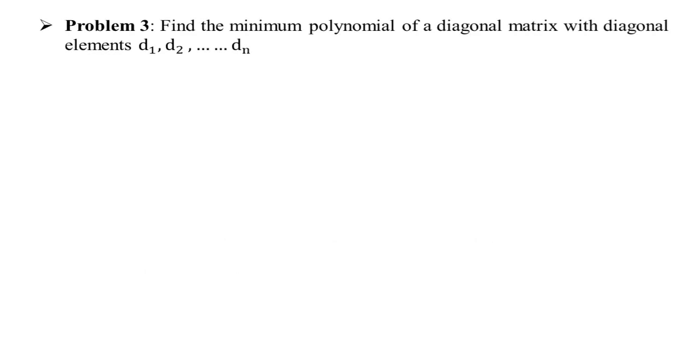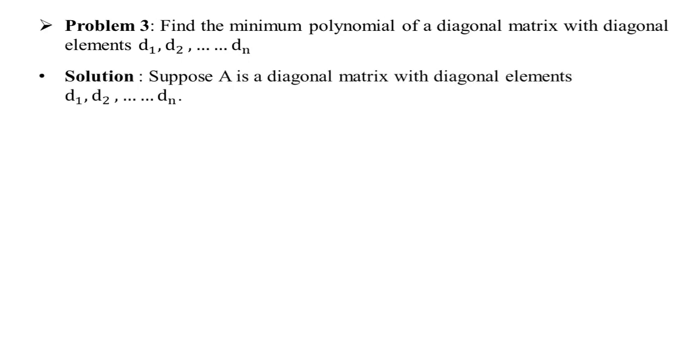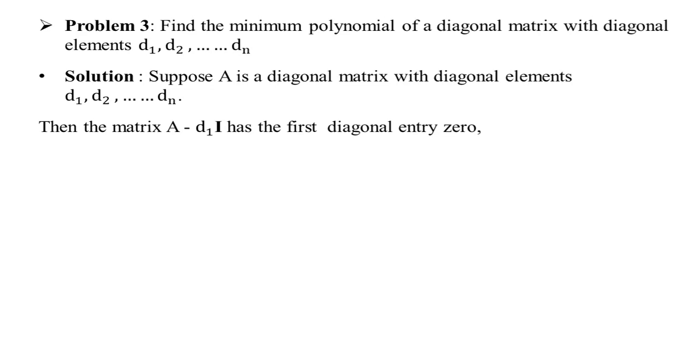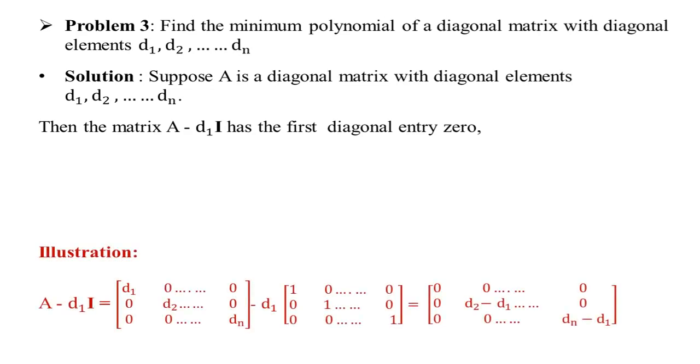Students, here is a proposition for you to prove. A system of n non-homogeneous linear equations in n unknowns has a unique solution if and only if the associated matrix is non-singular. To prove this, let sigma j equal to 1 to n of aij xj equal to bi, 1 less than or equal to i less than or equal to n, be the system of equations with A equal to aij as the associated matrix.